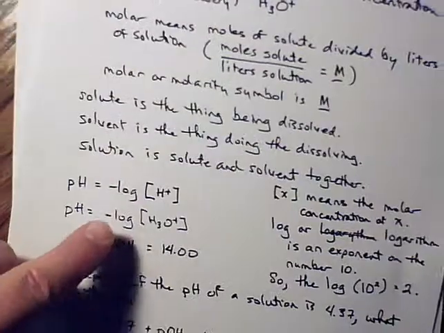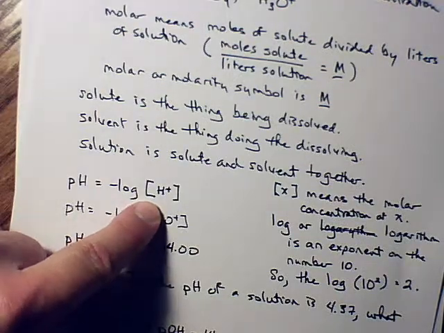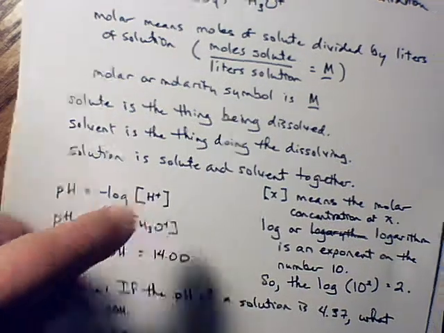Now we said a logarithm is an exponent. So if I know the pH, I can find the molar concentration. Remember that symbol, when you put something in brackets, means the molar concentration of what's inside? If I know the pH, I can find the molar concentration by putting that pH number as a negative exponent.